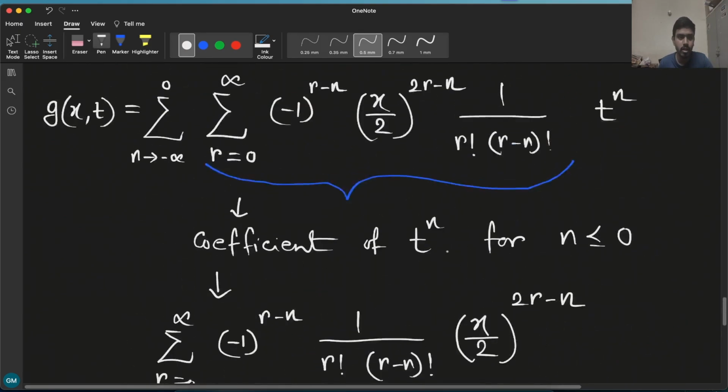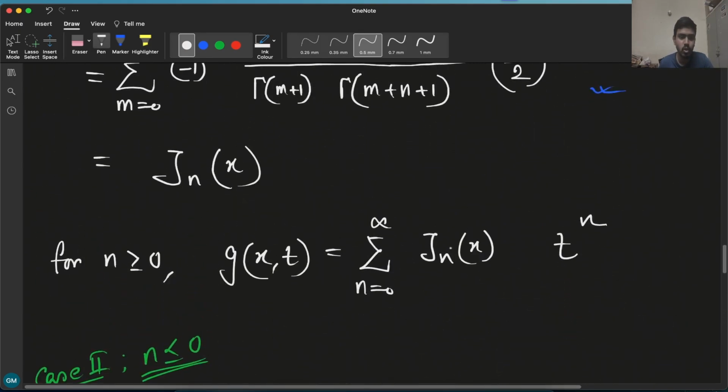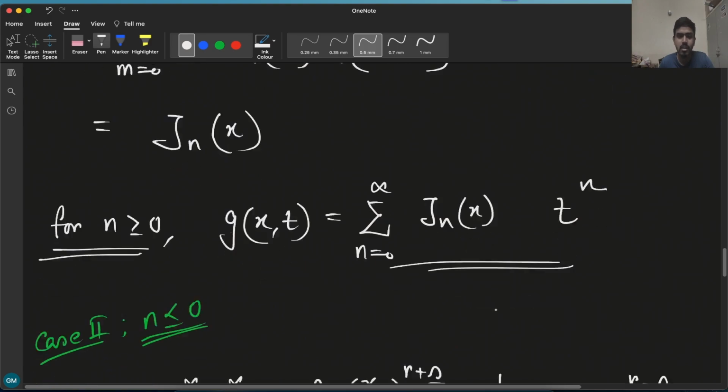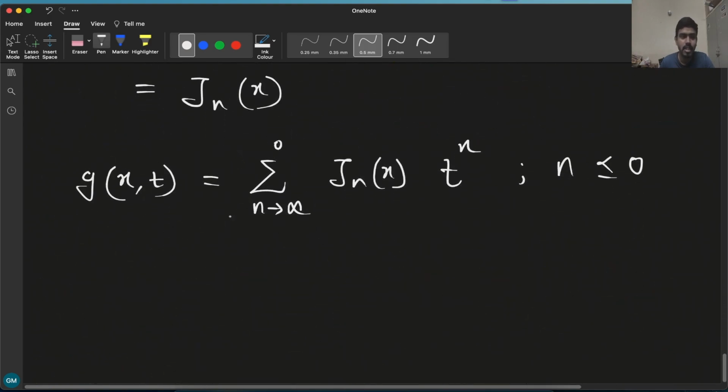So what we showed in these two cases is that for n greater than or equal to 0 the generating function can be written as this, and for n less than or equal to 0 it can be written as this.